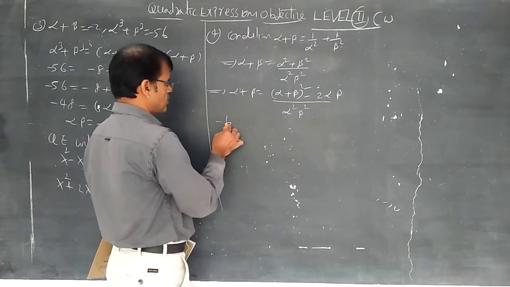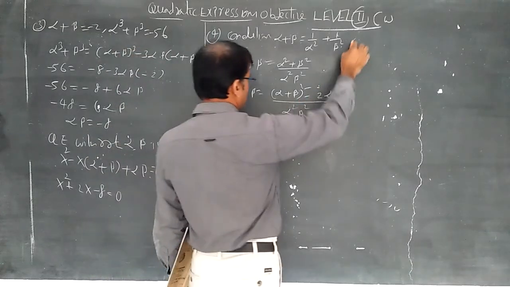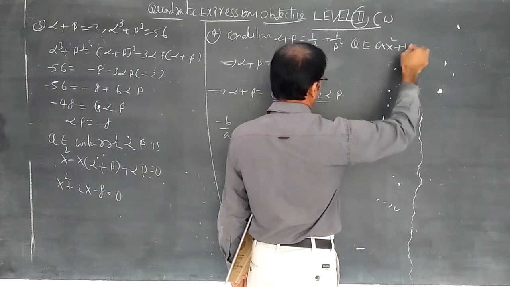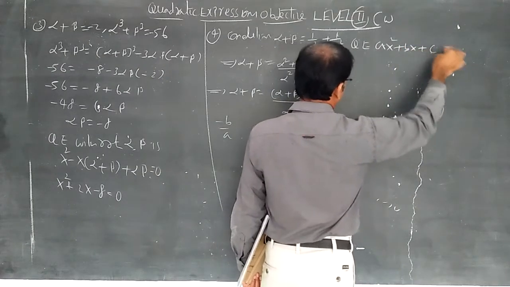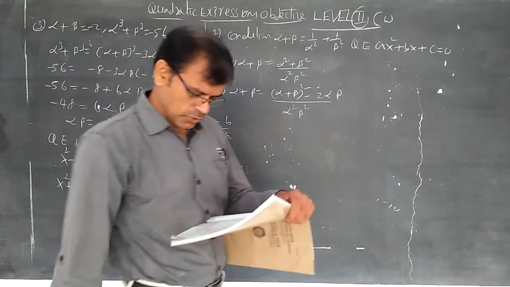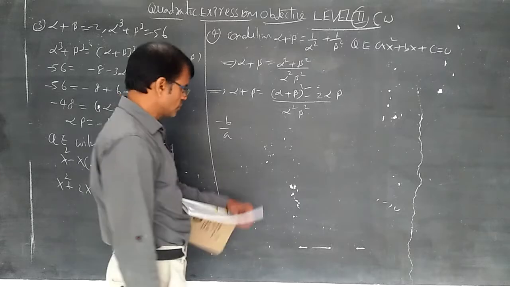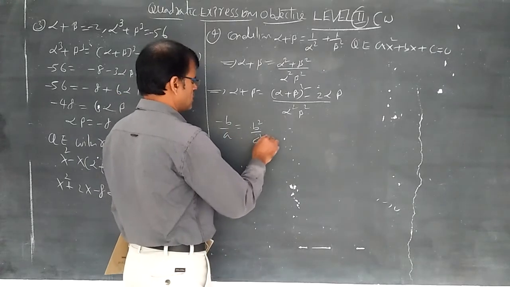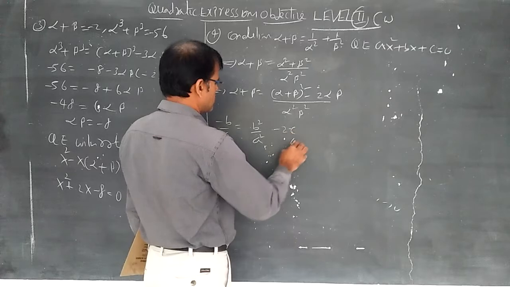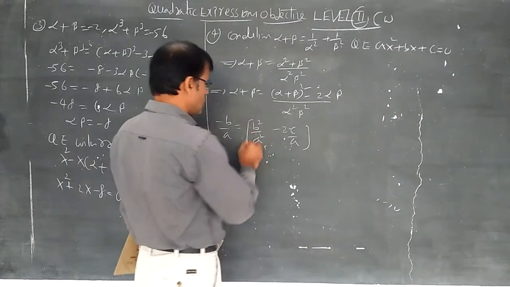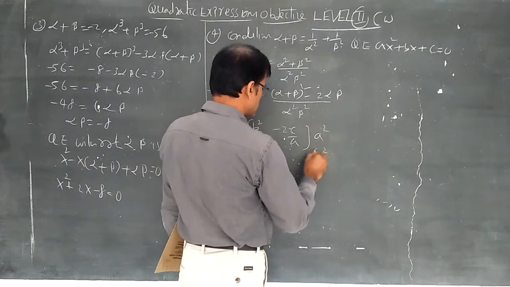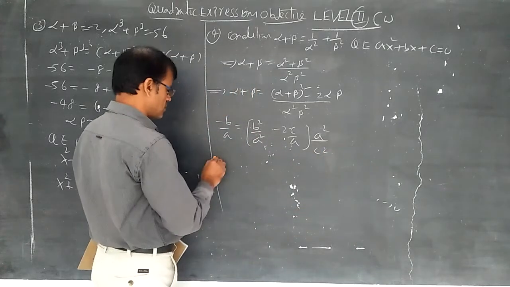Alpha plus beta formula is minus b by a, given the general QE ax square plus bx plus c is equal to 0. Okay. Minus b by a is equal to, we can write here, (b square by a square minus 2c by a) whole by c square by a square. You can write by taking reciprocal as a square by c square.